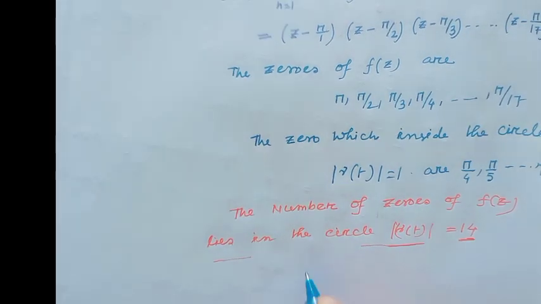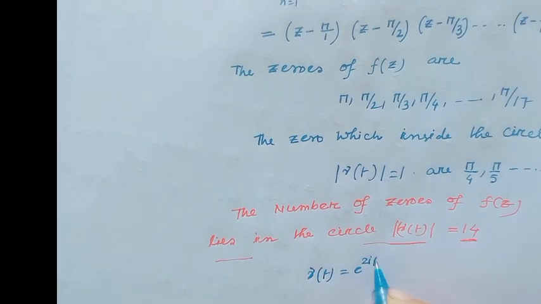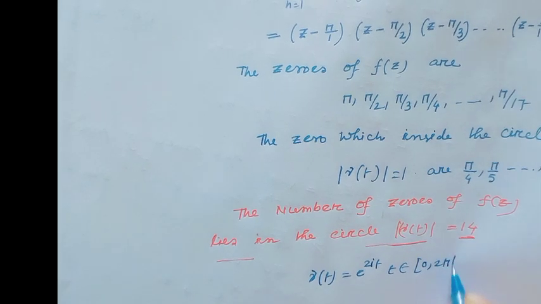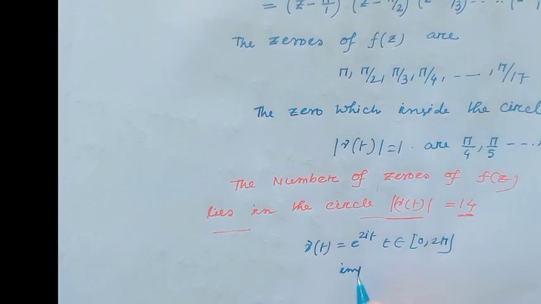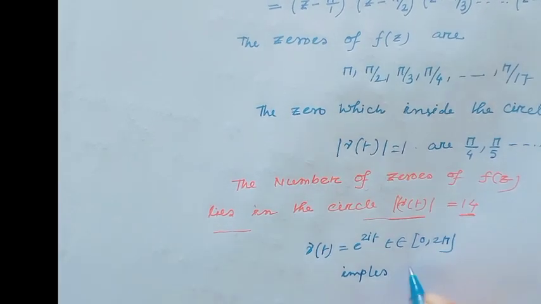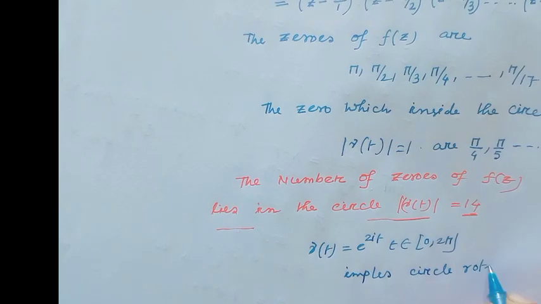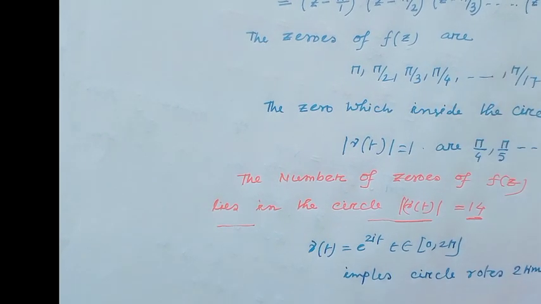Since gamma(t) equals e to the power 2it, where t lies between 0 to 2 pi, this implies the circle rotates 2 times, and there exist no poles.